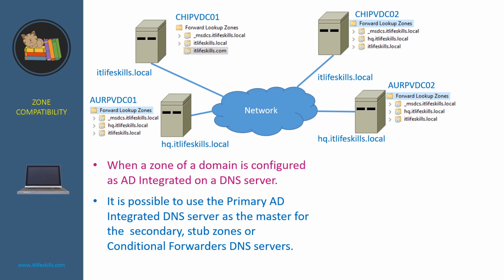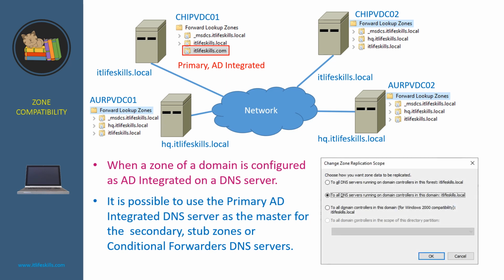When a zone of a domain is configured as AD integrated on a DNS server, for example, we configure the zone for itlifeskills.com domain as primary AD integrated on GPVDC01, here are the possible configuration options. If we choose this option, the zone for itlifeskills.com domain will be replicated to GPVDC02 because it is in the same domain with GPVDC01.